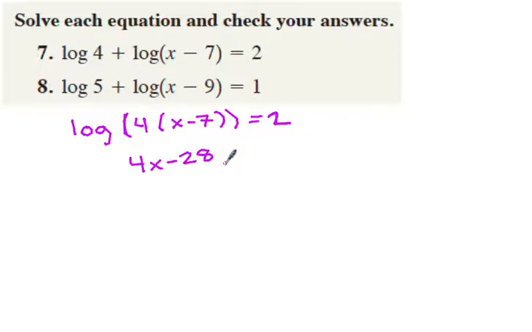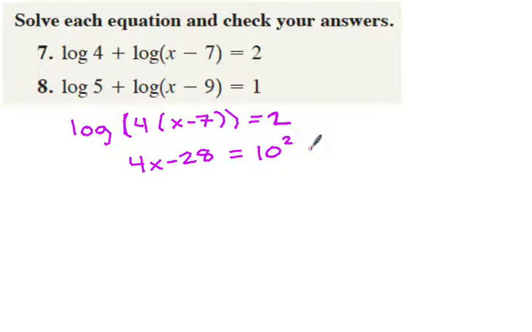Okay, this is in logarithmic form, so we can switch it into our exponential form. What's my base? Base of log, if it's not written, is always 10. So this is going to equal 10 to the 2, or 10 squared. So now we just have 4x minus 28 equals 100, basically, right?